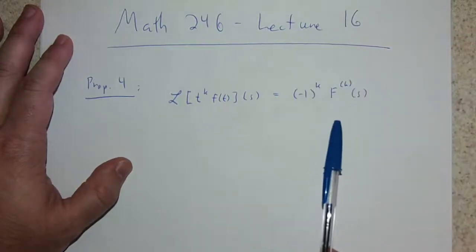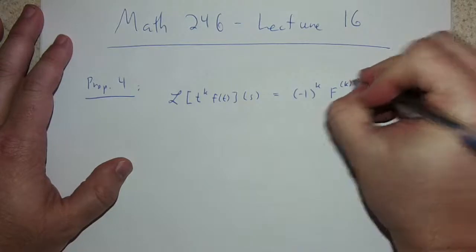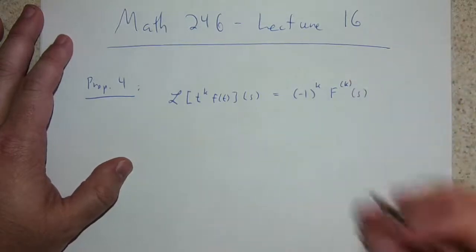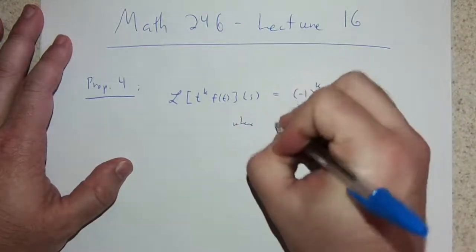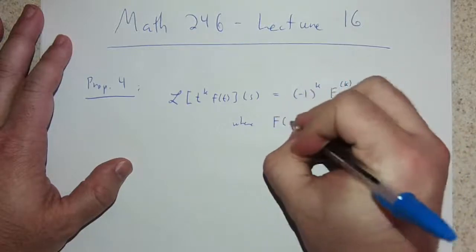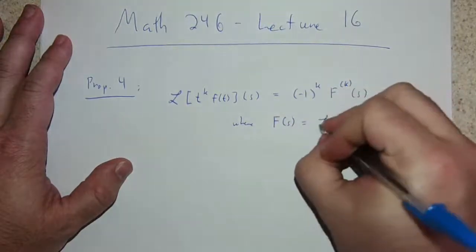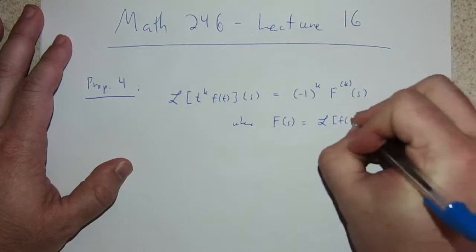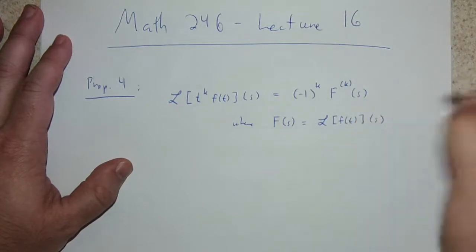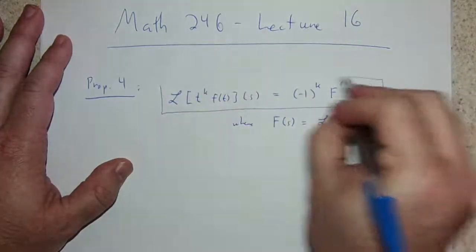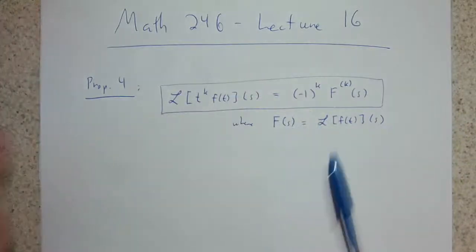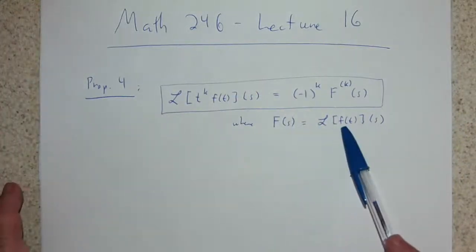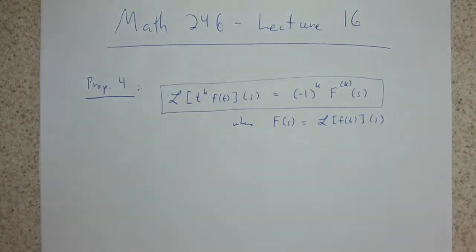This is introducing some notation that is going to be pretty common throughout. Here, big F of s is the Laplace transform of little f. Using an uppercase letter to denote the Laplace transform of the corresponding lowercase letter function is very common notation that we're going to be using throughout this chapter.